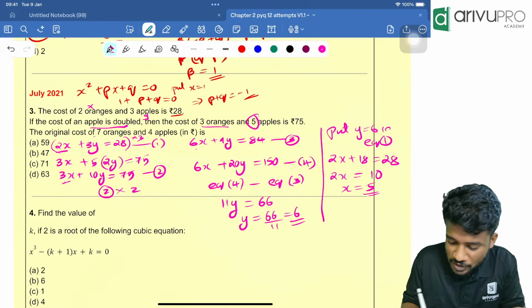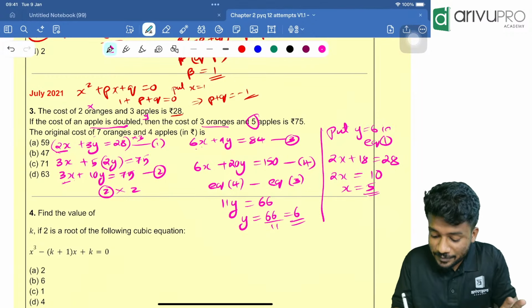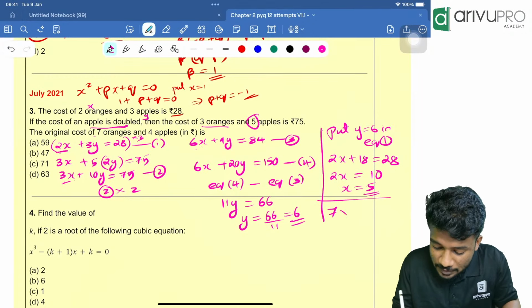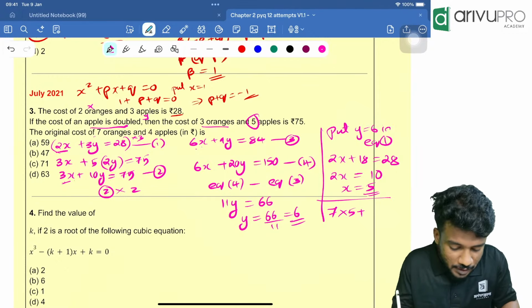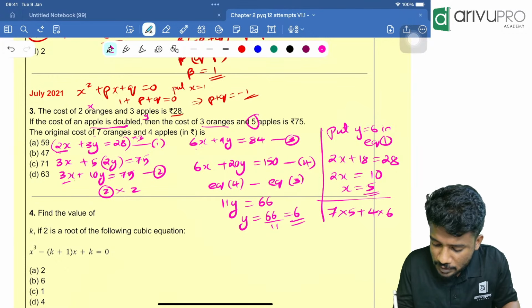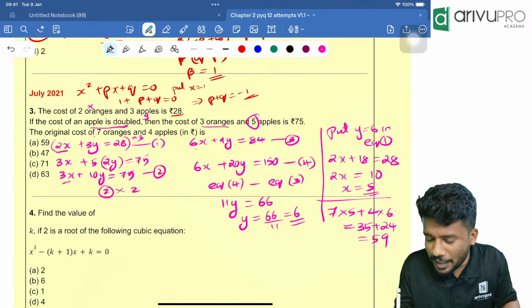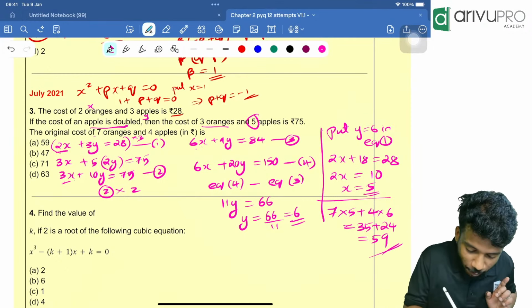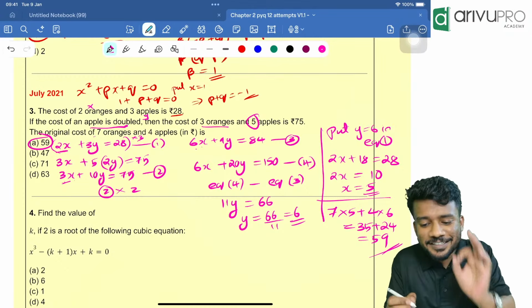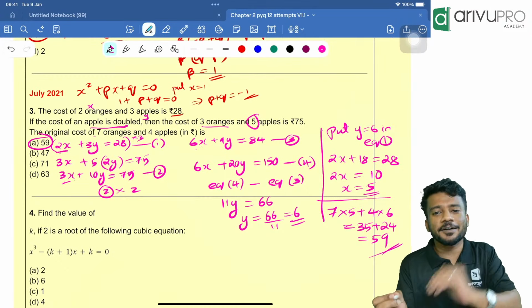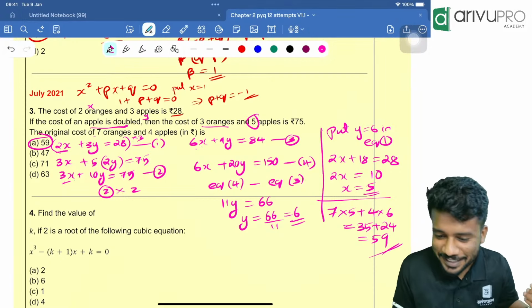Cost of 7 oranges and 4 apples. Very easy. 7 oranges means 7 into 5 plus then 4 into 6, which is equal to 35 plus 24. Answer is what? 59. Option A is your answer. This is one method. I am just slowing down because eventually we will increase the speed. Okay. Yes.